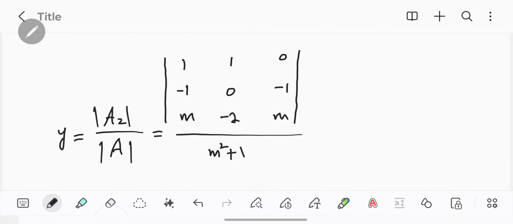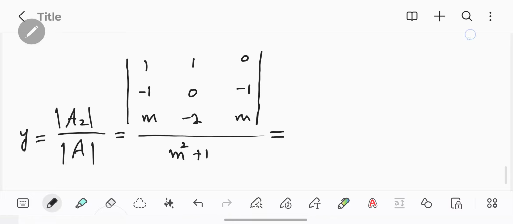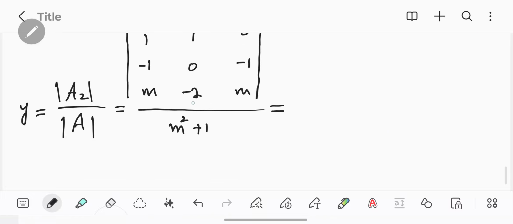Now we have to expand this determinant. We can expand this determinant as usual, but it is easier if we make zeros in any column. I can make here 1 and here 0, here 2 zeros, but here I have to make 0 at 2 places, but here I have to make 0 at only one place, so I will make here 0. Look, how can we make here 0?